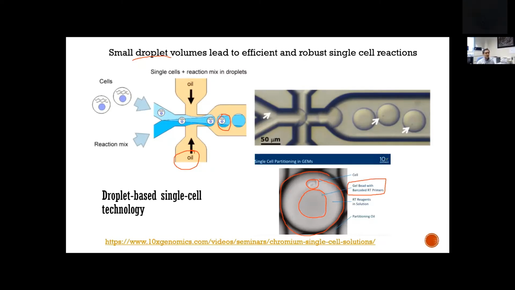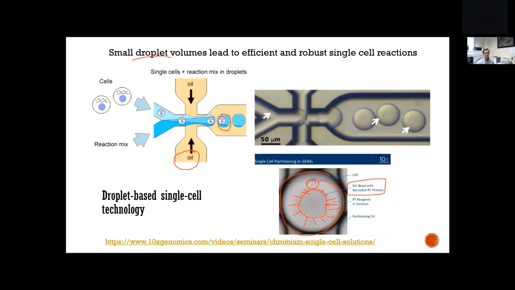On each gel bead, on the surface of the gel bead, there is a DNA barcode. Each gel bead has a unique barcode.